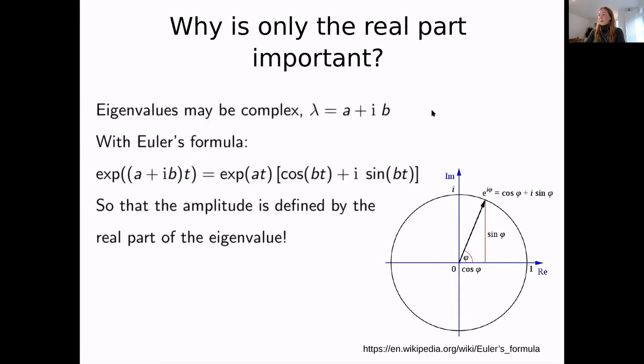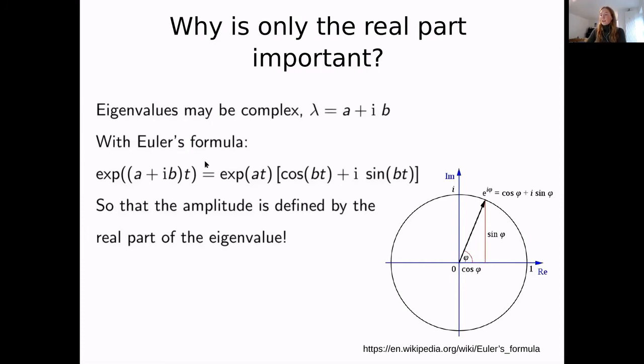So when we talk about complex numbers, we always have the real part A plus this imaginary number i times our imaginary part B. So you can also think about a complex number as being a vector, where the real part is one entry and the imaginary part is the other entry.